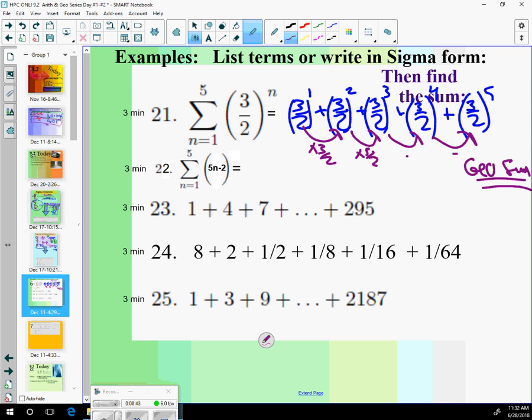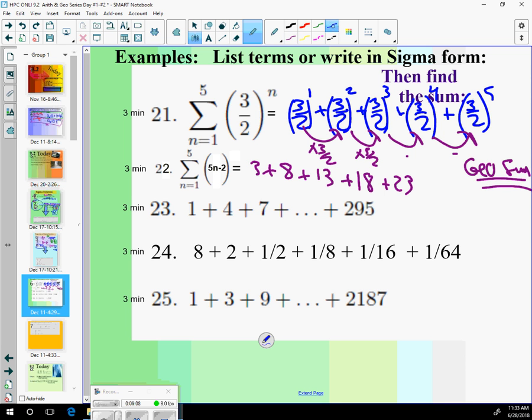This one, 5n minus 2, well, when we put a 1, 5 minus 2 is 3. Then when we put in a 2, 10 minus 2 is 8. Well, notice these are going up by 5, so it'll be 13, and then it'll be 18, and then the last one, 25 minus 2 is 23.